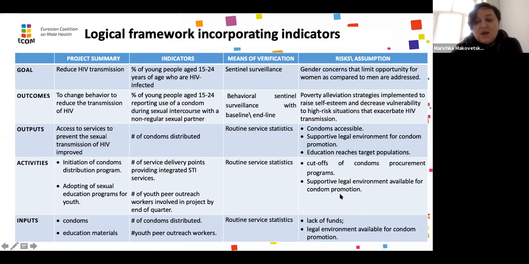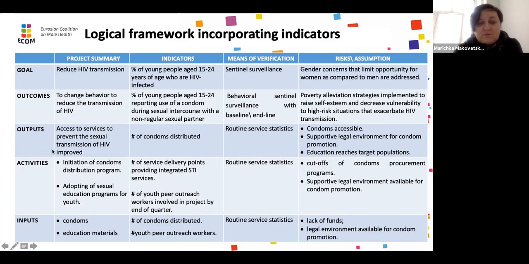You should also have a supportive legal environment for condom promotion, because if you're not able to do sex education in schools, or you're prohibited from doing condom promotion on TV media, then of course it will influence your program.